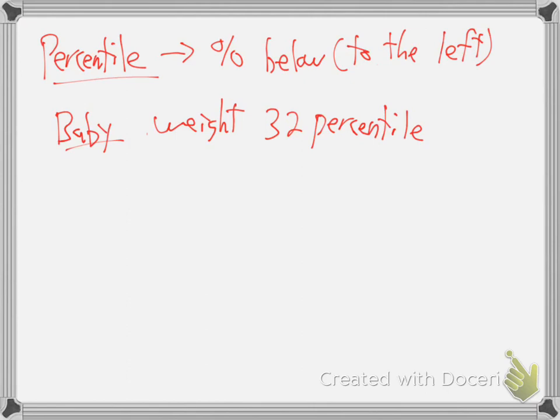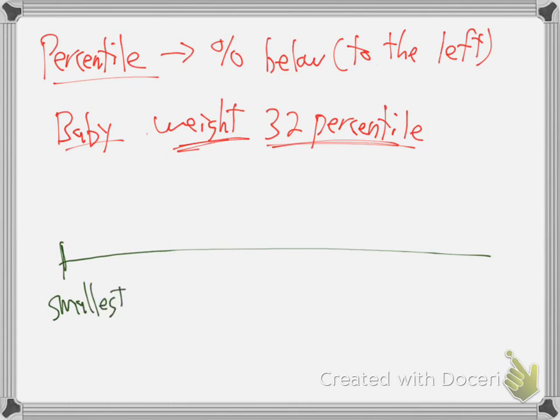If you were to take all the babies from the smallest baby to the largest baby, your baby would be about right here. 50% is in the middle. Your baby's about right there, 32% along the way.